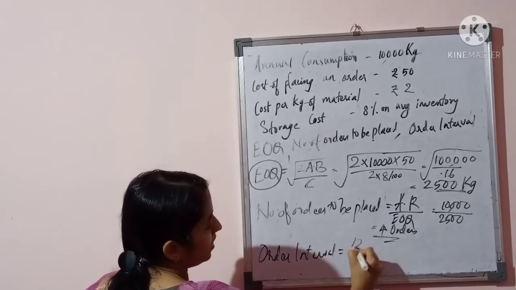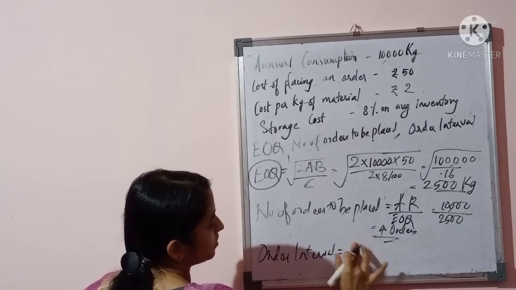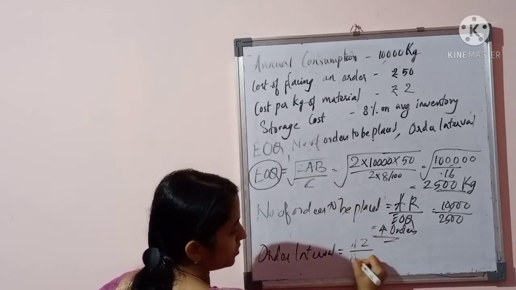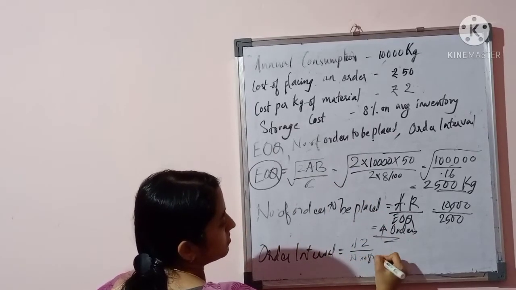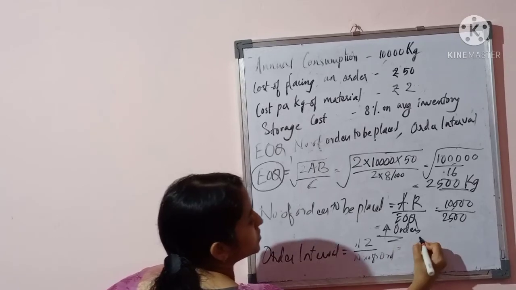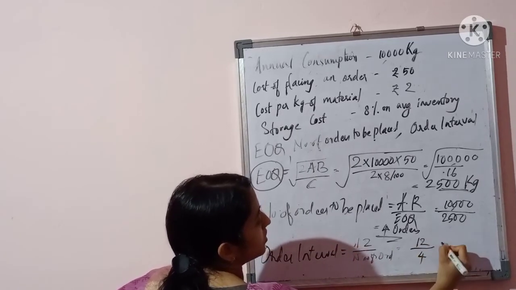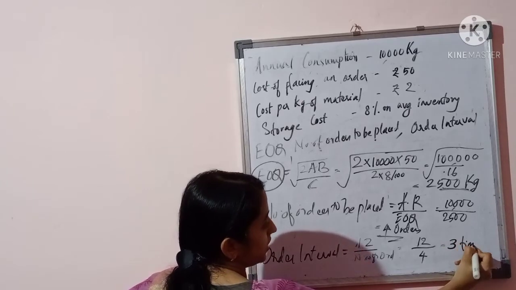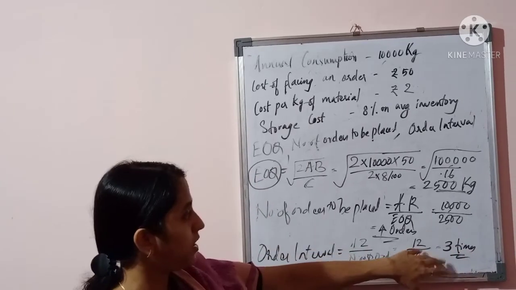That is 12 divided by the number of orders to be placed. That's equal to 12 divided by 4, and that's equal to 3. So every 3 months. These are important.